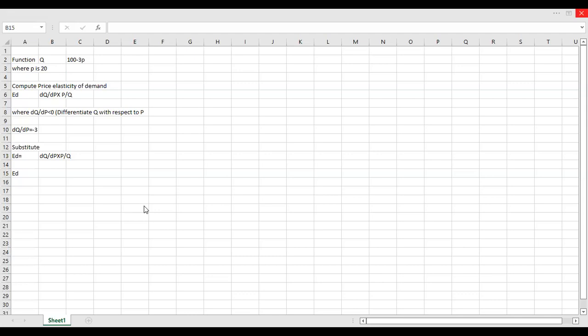Here, dq over dp is equal to minus 3, where p is 20. We are going to substitute dq over dp as minus 3, and p is given to be 20. Then q, the quantity, is what we are going to determine before we substitute this totally into the elasticity of demand.